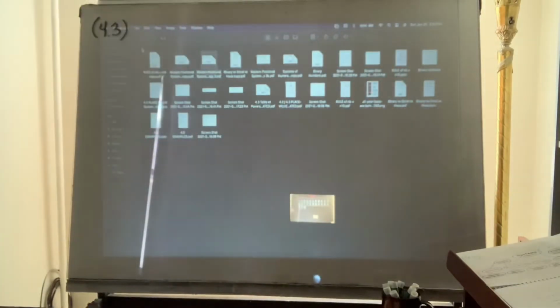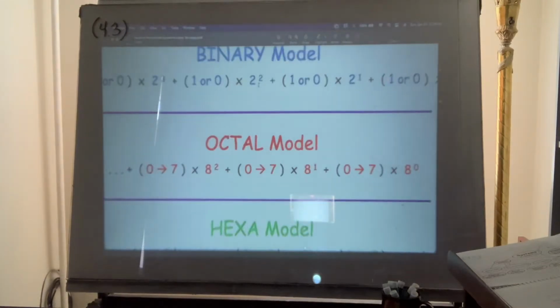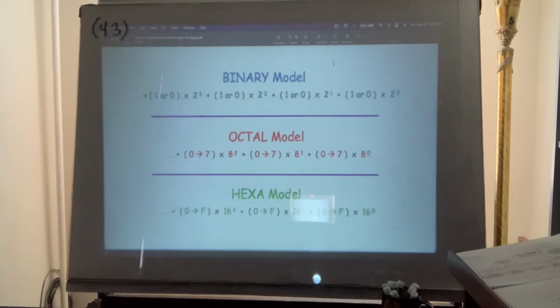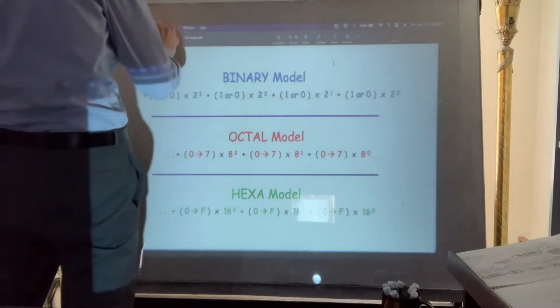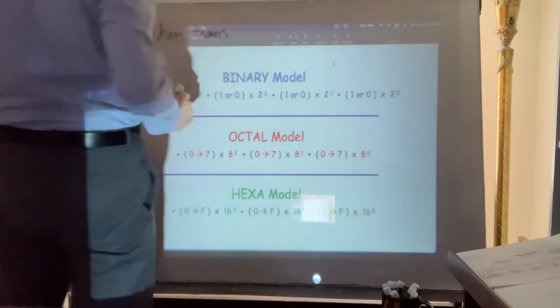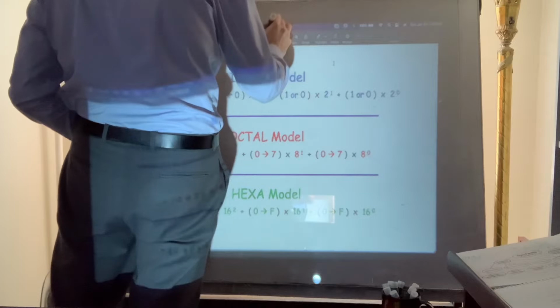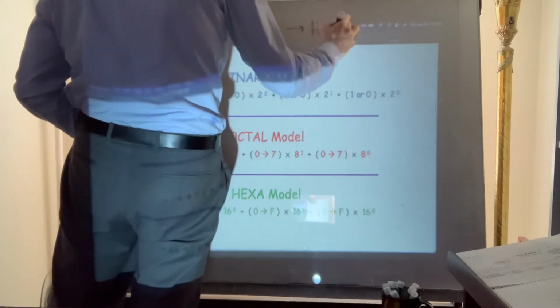As far as the models are concerned, I'll zoom in on that. These are what you're going to employ when you're translating from the alien system to the Hindu-Arabic system.